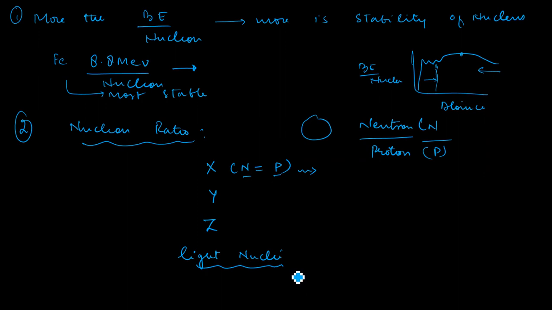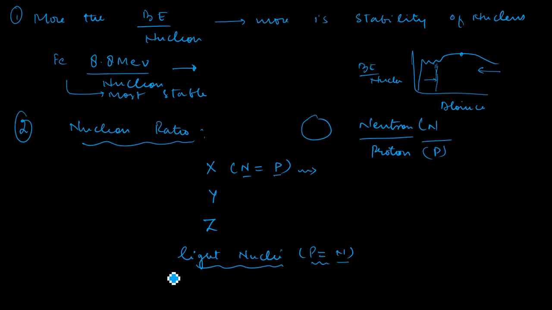Do remember that lighter nuclei are only stable if they contain protons equal to neutrons. When the number of protons and number of neutrons is equal, the nuclei will be stable only in the case of lighter nuclei. That means the number should be very small.